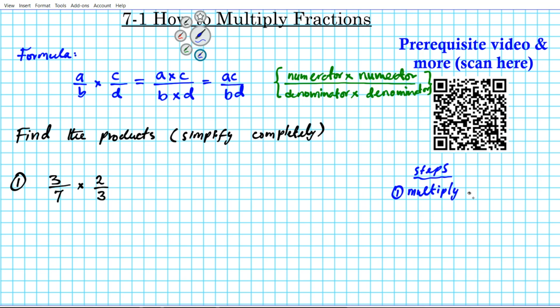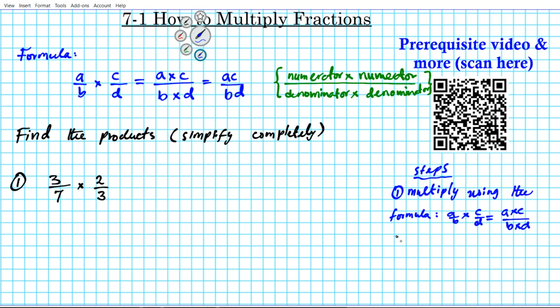You multiply using the formula that we just took a look at: a over b, first fraction, multiplied by c over d, is simply numerator times numerator, a times c, divided by denominator times denominator, b times d.